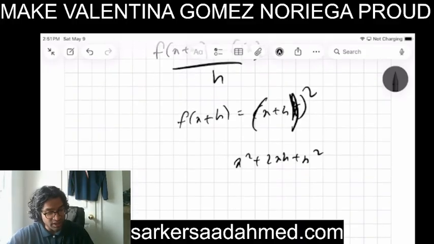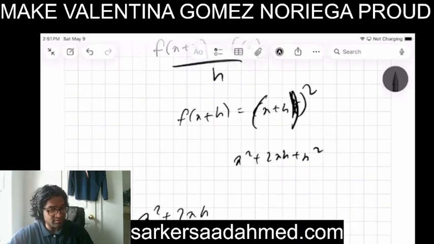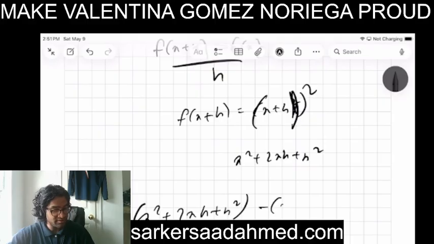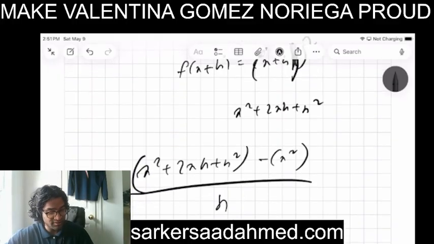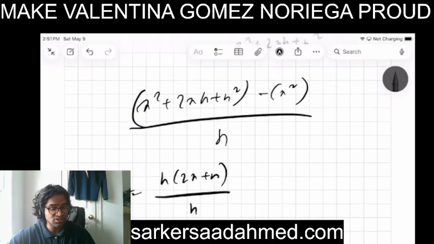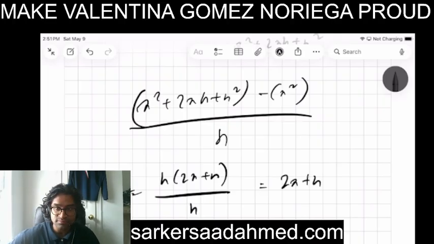And then you do x squared plus 2xh plus h squared minus x squared, divided by h. And then you do the algebra. When you do the factorizing, you're going to have h times 2x plus h, divided by h. So you're going to have 2x plus h, right?